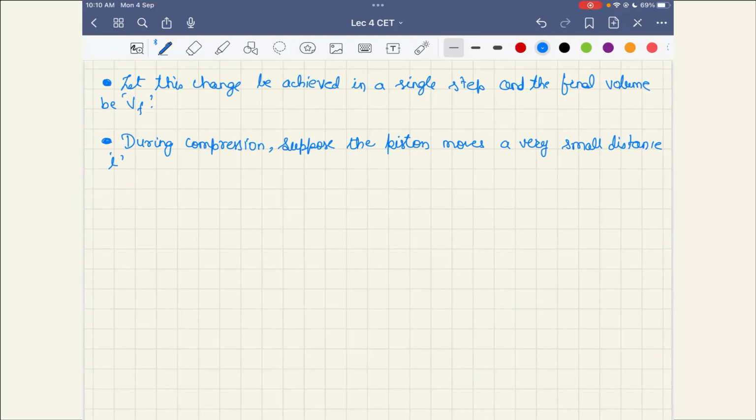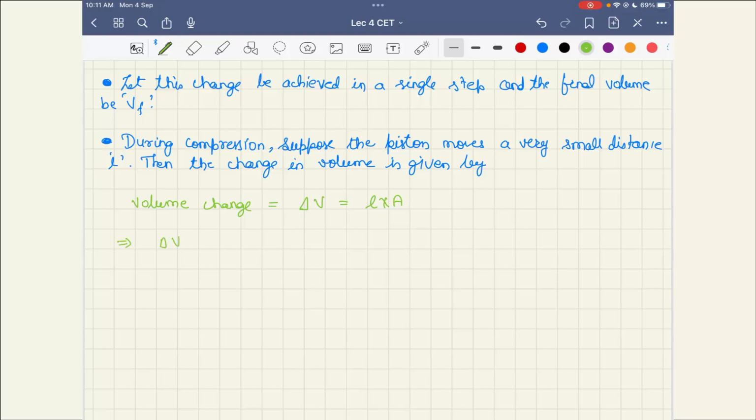Okay, then the change in volume is given by the following thing. So volume change, this is nothing but delta V, is going to be L into A, right?